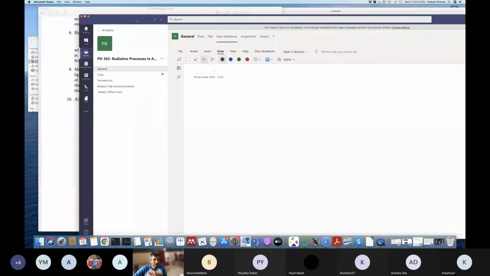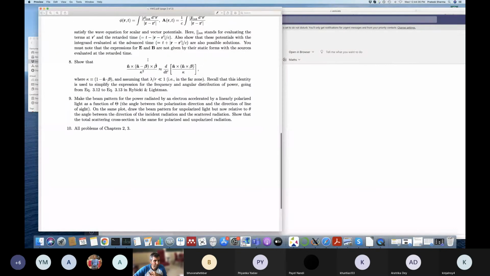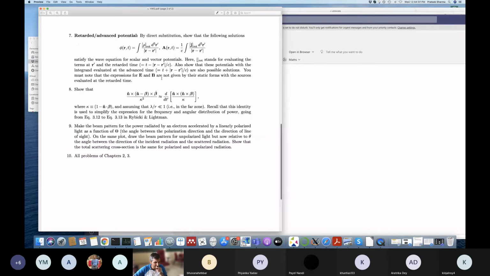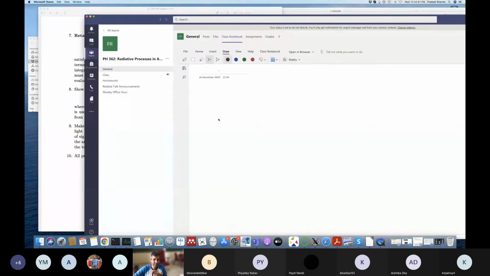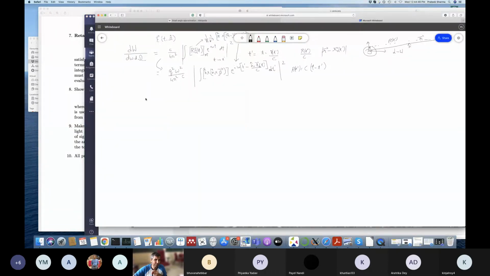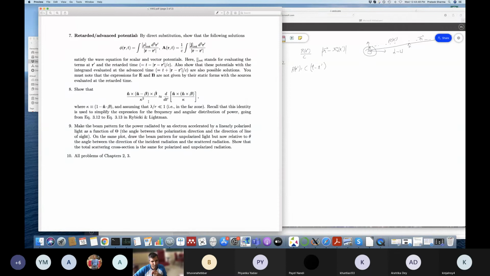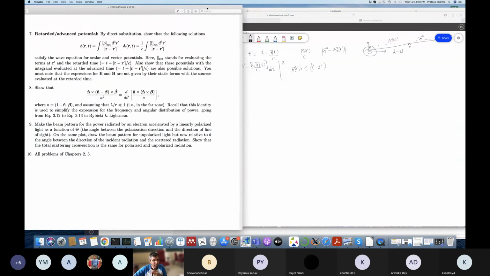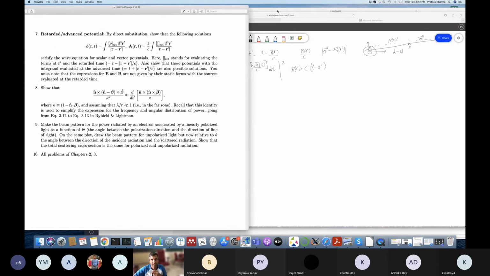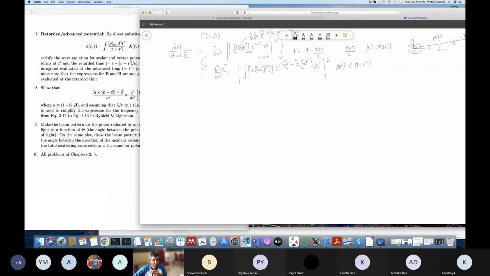So in this problem number 8, in deriving this equation, we had to use this formula for doing the integration by parts.